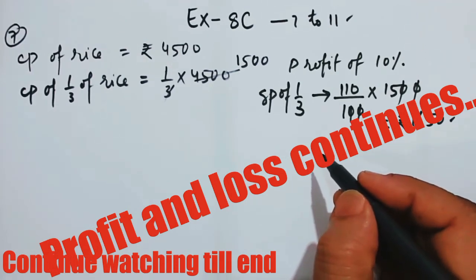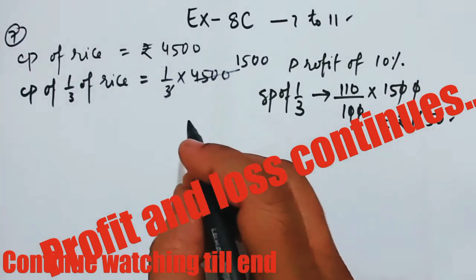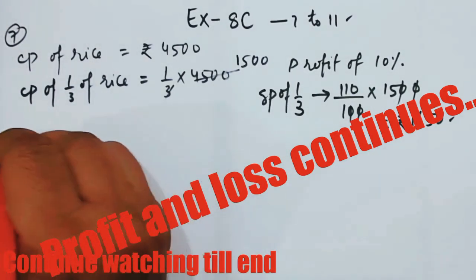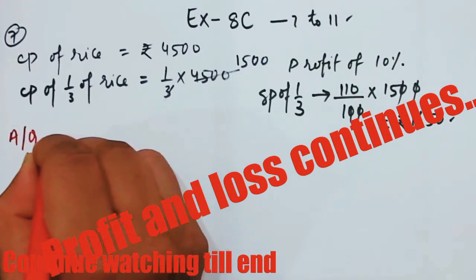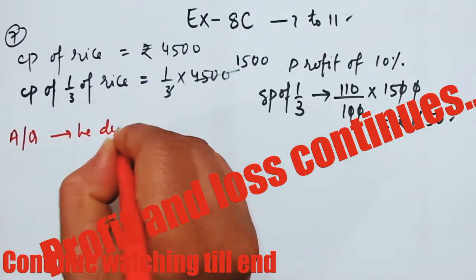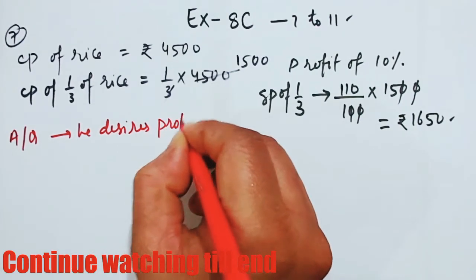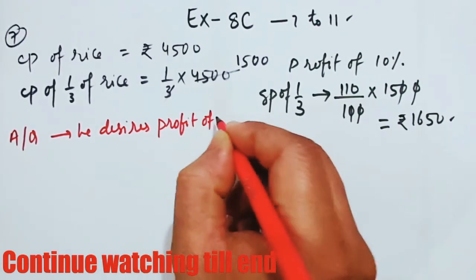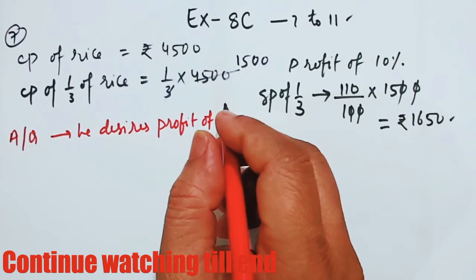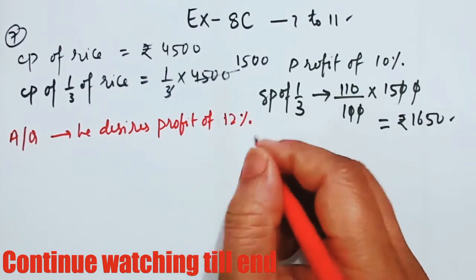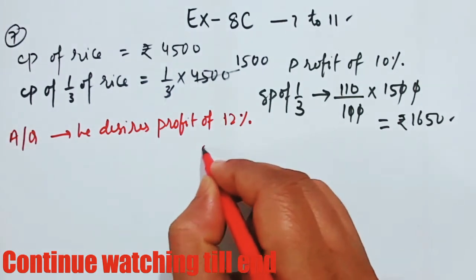Now he desires a profit of 12%. Let me change the pen. So according to the question, he desires a profit of 12% on whole.